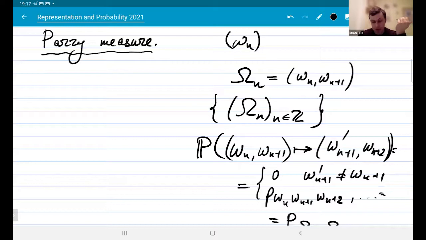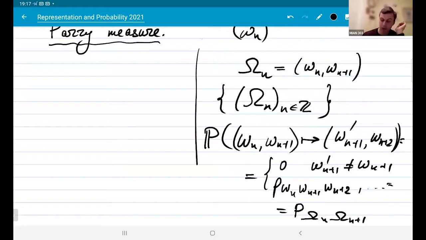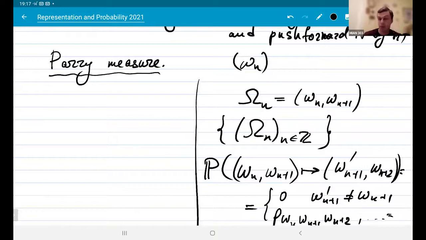So nevertheless, among all these measures, there is one measure which is somehow unique. It is somewhat optimal. And I'll start not with this definition, but with some definition that has nothing to do with this optimality.